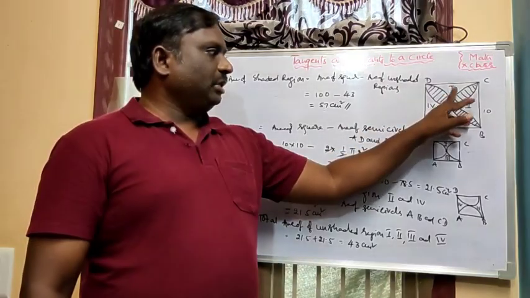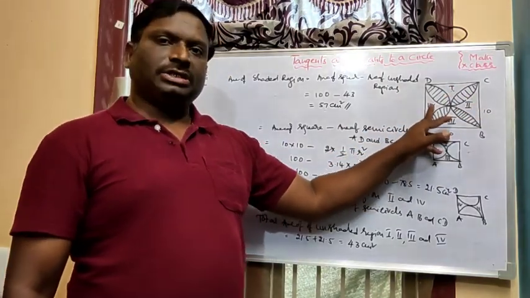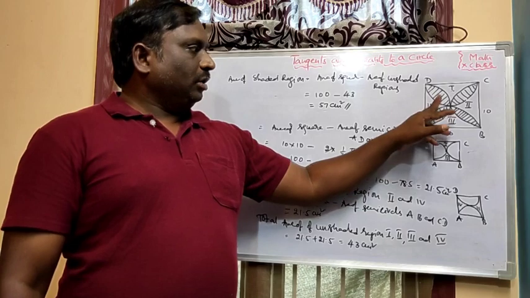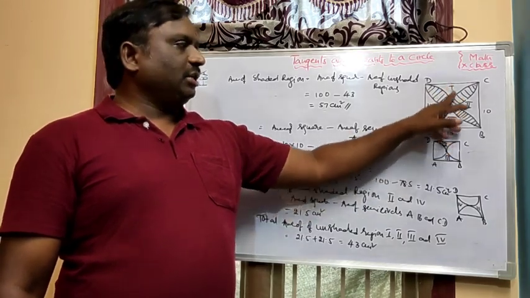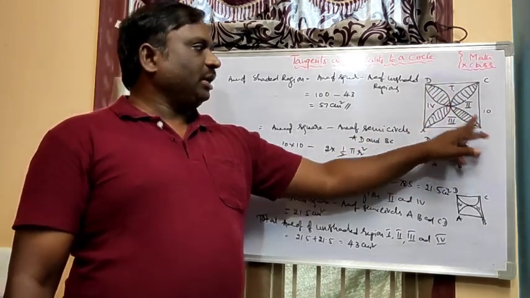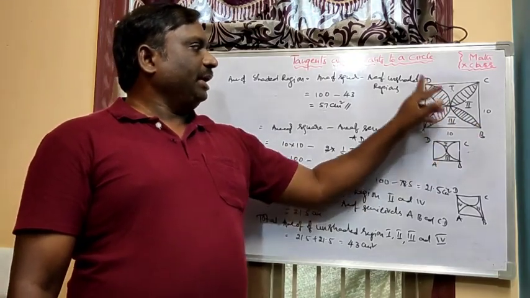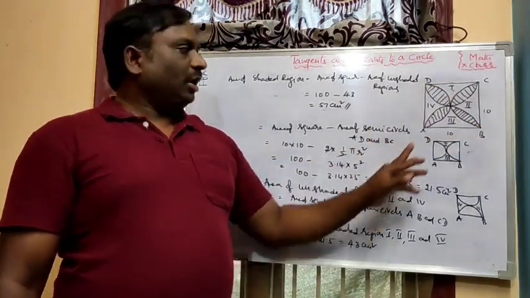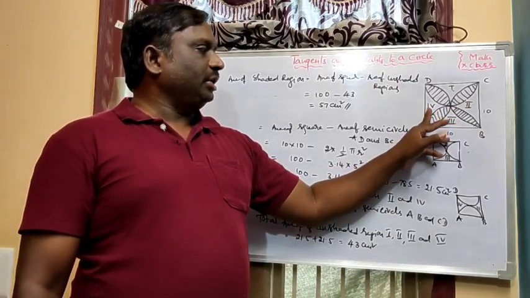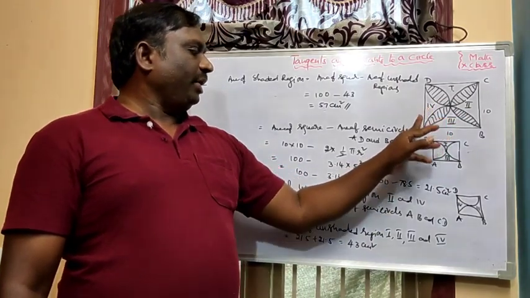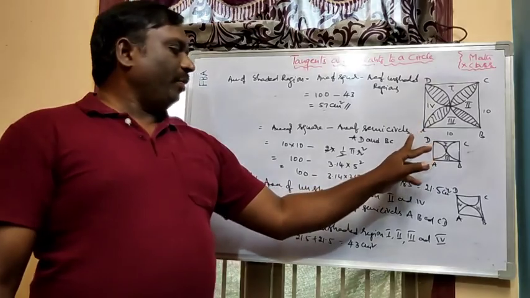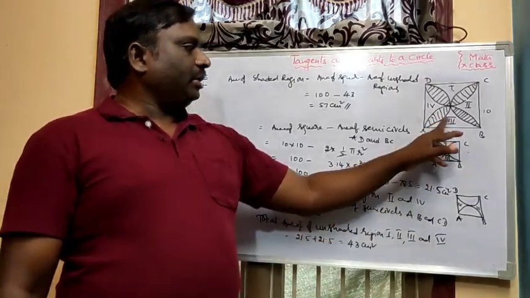First, I marked 1, 2, 3, 4 as unshaded regions, and first I found the area of unshaded regions 1 and 3: total area of square minus 2 semicircles. What are those 2 semicircles? AD and BC. After that, to find the second and fourth unshaded regions, we need to find the total area of square minus AB and CD.